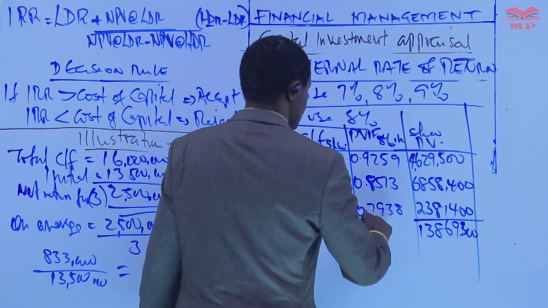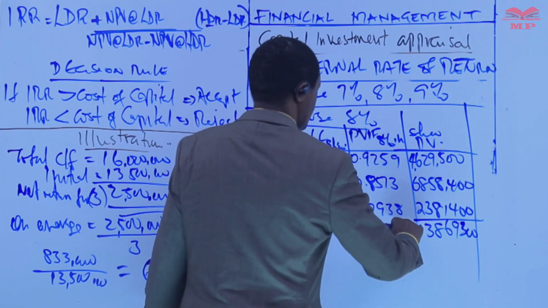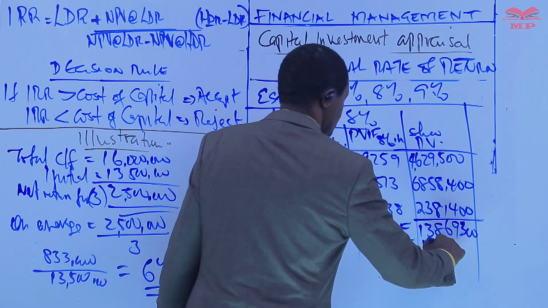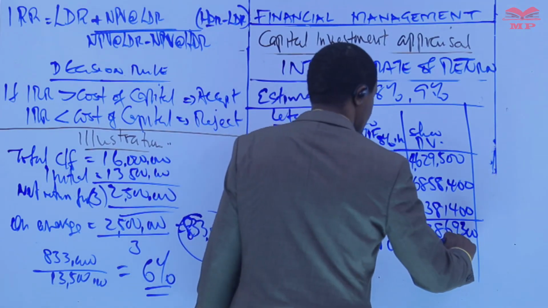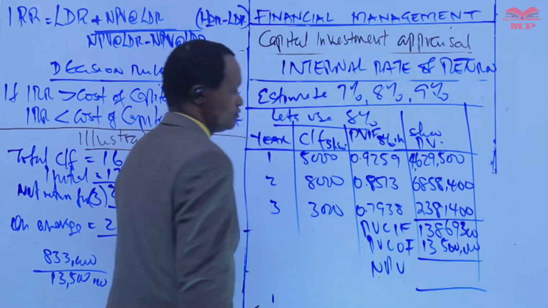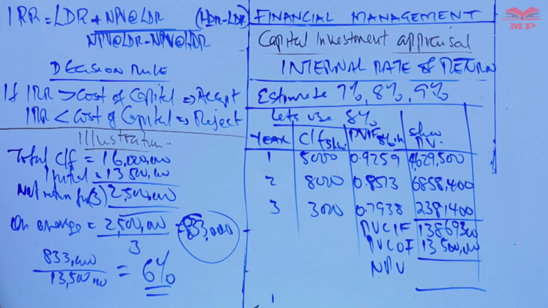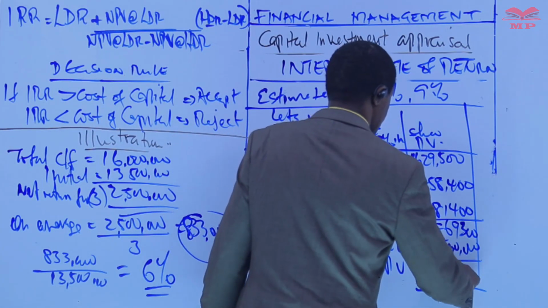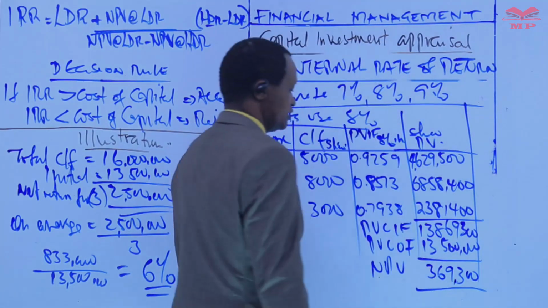That is the present value cash inflow. Deduct present value cash outflow of 13,500. What is the NPV? Are you sure? NPV is 369, positive 369,300. That is a positive NPV.